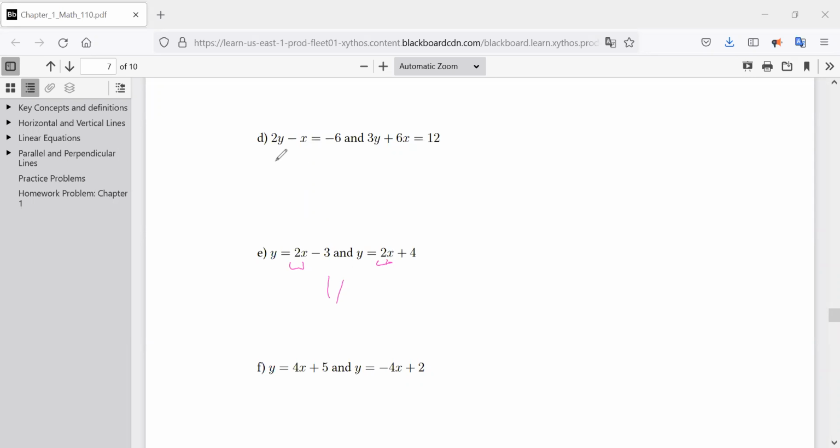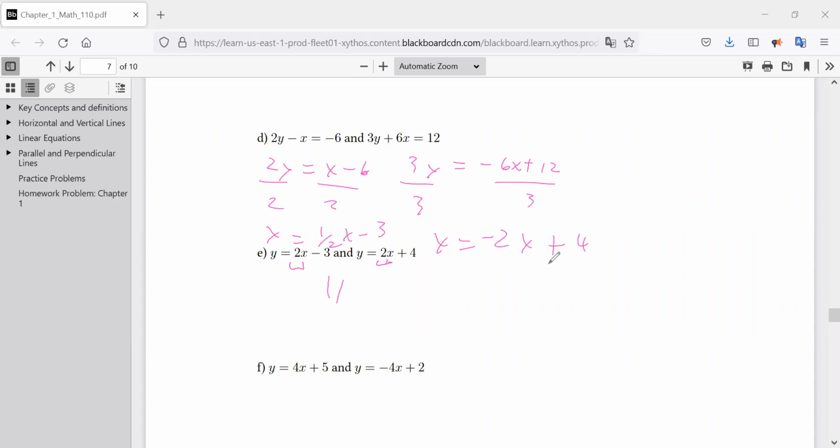This one right here, you can rearrange it: you get 2y equal to x minus 6, and then 3y is equal to negative 6x plus 12. Divide both sides: you divide this one by 2, and this one by 3. So y is equal to 1/2 x minus 3, and y is equal to negative 2x plus 4.